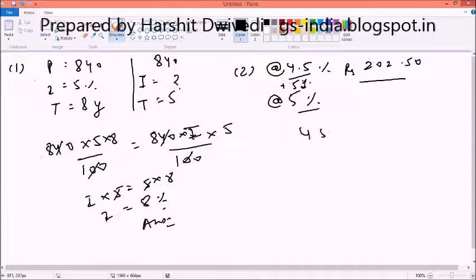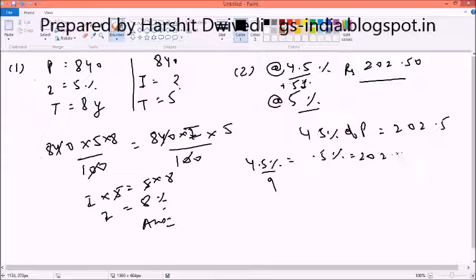So 4.5% of principal is equal to 202.5. So how much will be 0.5%? 0.5% will be equal to 4.5% divided by 9. So it will be equal to 202.5 divided by 9, which comes out as 22.5.